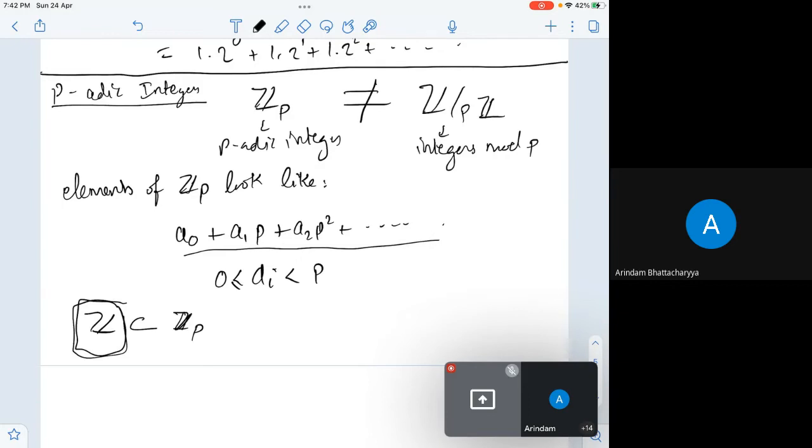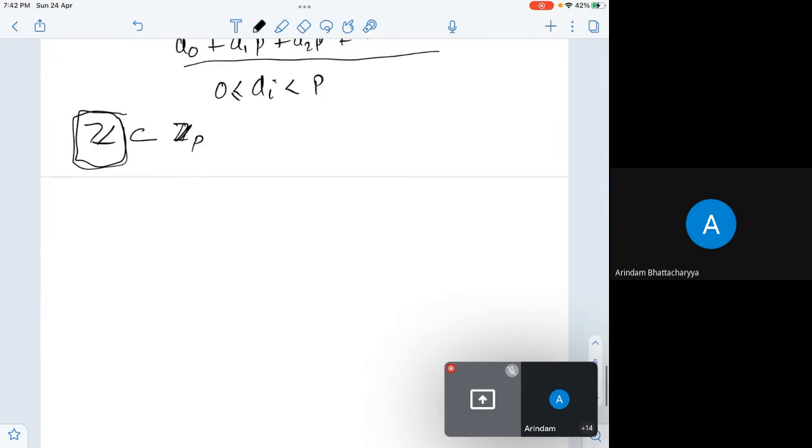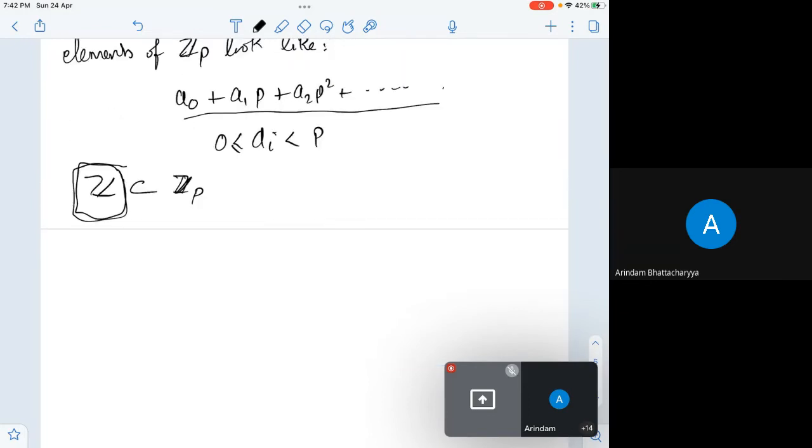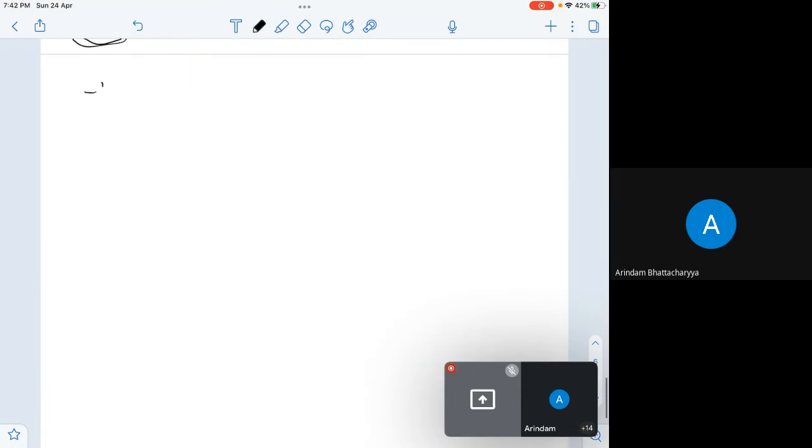What else can we do? Well, there's another way this is expressed. This is also expressed as a0, a0 plus a1 p. So these are the expansions, the different ways of writing.